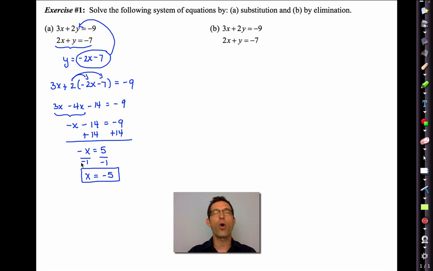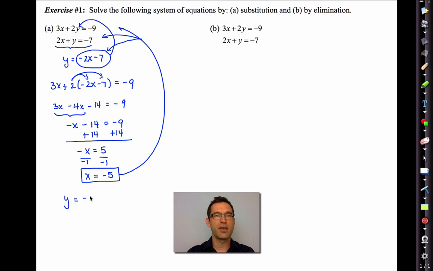Now, remember, you are not done solving a system until you've found the values of all the variables that make the equations simultaneously true. In order to do that, we need to now take that negative 5 and substitute it into the first equation, the second equation, or most easily into this third equation. So that's what I'm going to do.